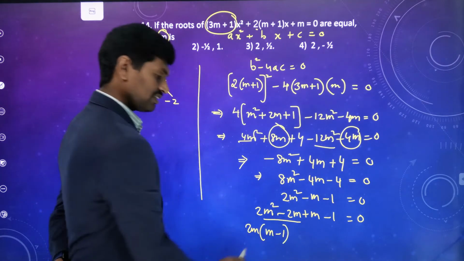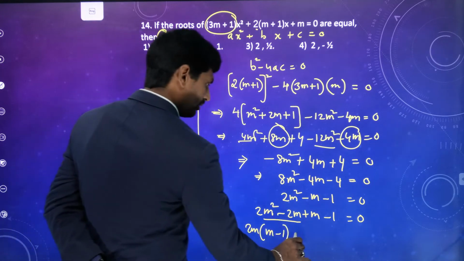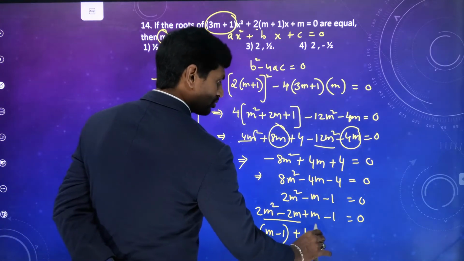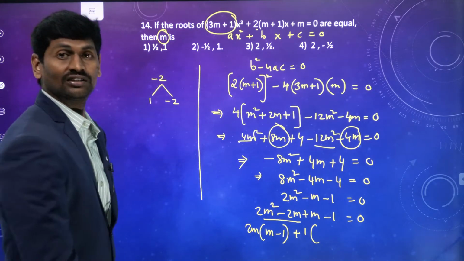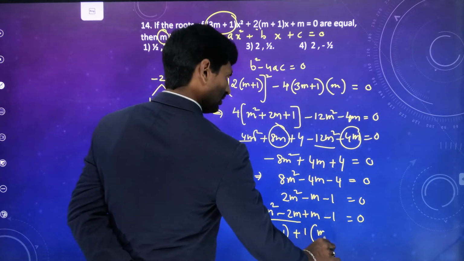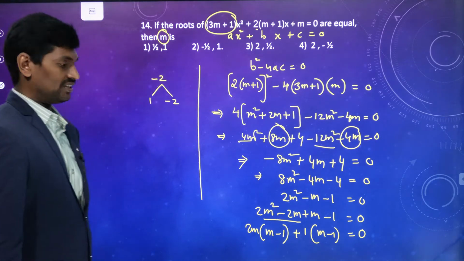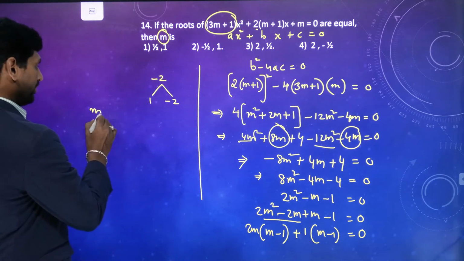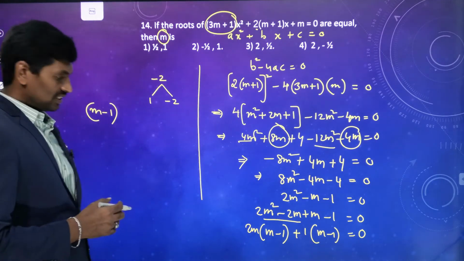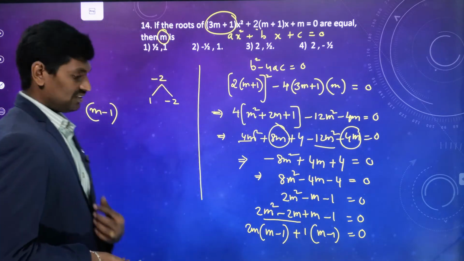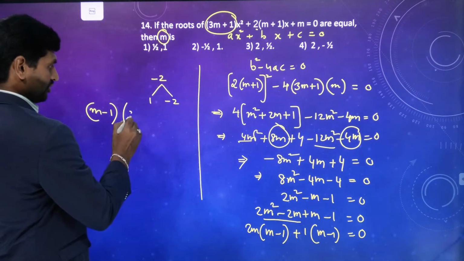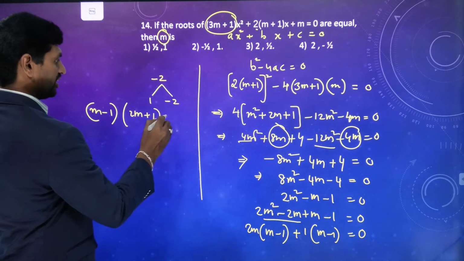M minus 1. In the second two terms there is no common factor, so 1 will be the common factor. M minus 1. So again m minus 1 is common from the first and second terms. If I take common m minus 1, 2m plus 1 equal to 0.